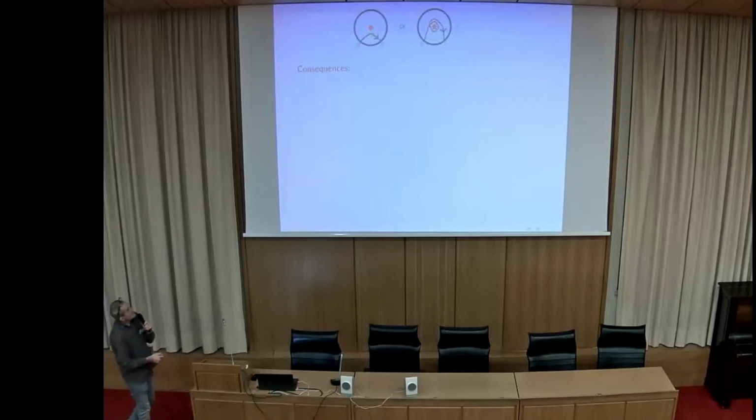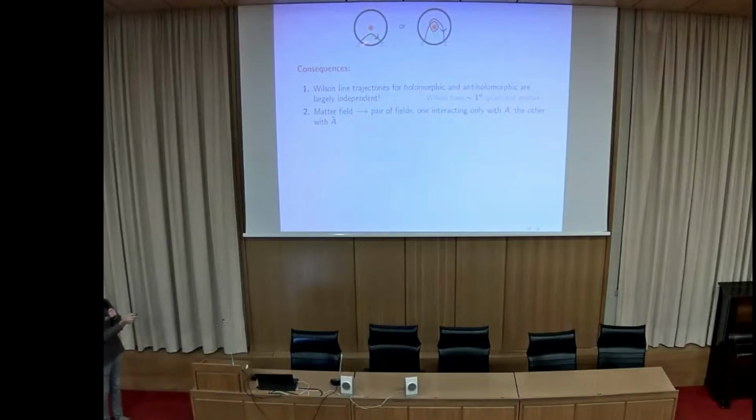Okay, so what are the consequences of that? First of all, we can go back to this interpretation that the Wilson line trajectories are like worldline interpretation of quantum matter fields in the bulk. And now the fact that we have kind of independent holomorphic and anti-holomorphic Wilson lines seems to indicate that in the bulk, instead of a single field which is charged under both groups, we in fact have a pair of fields, one interacting only with A and the other only interacting with A bar.